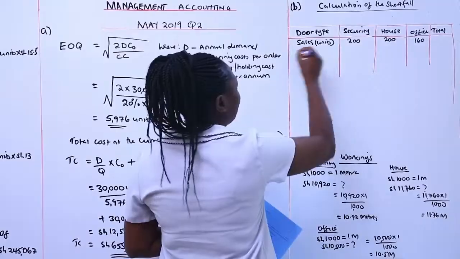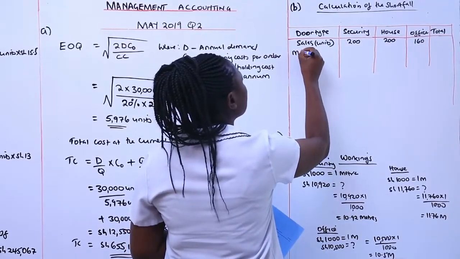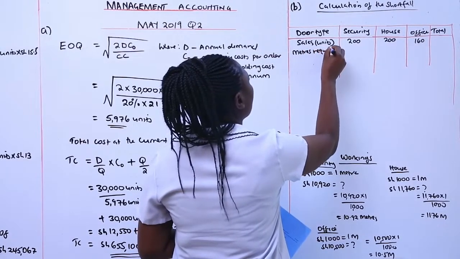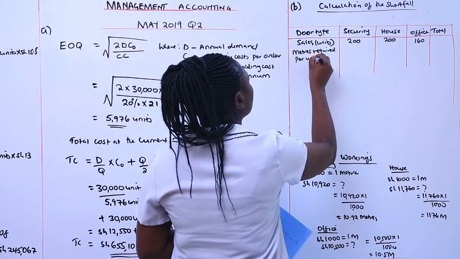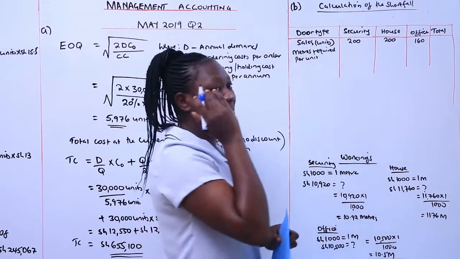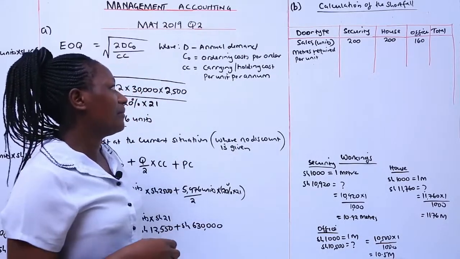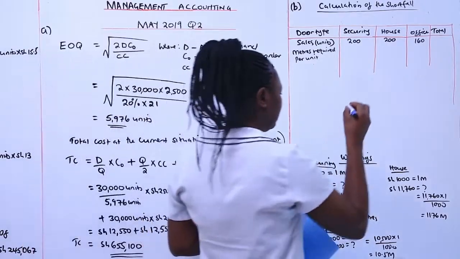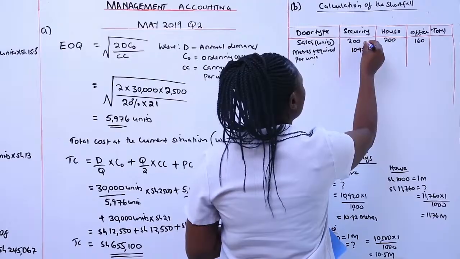So we bring it here. Meters required per unit. Meters required per unit for security is 10.92, we multiply that.